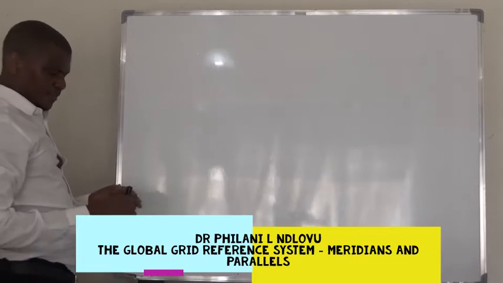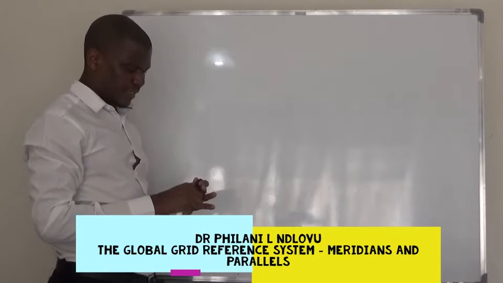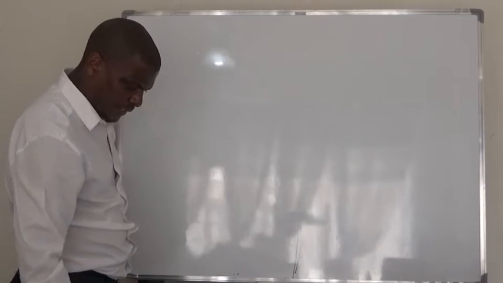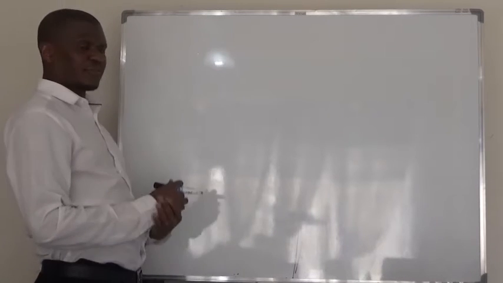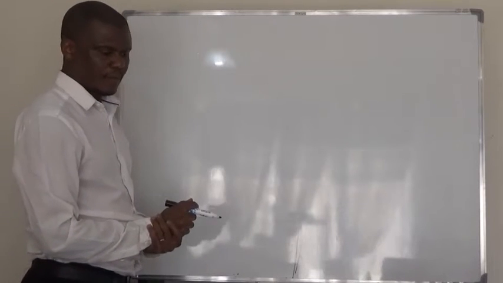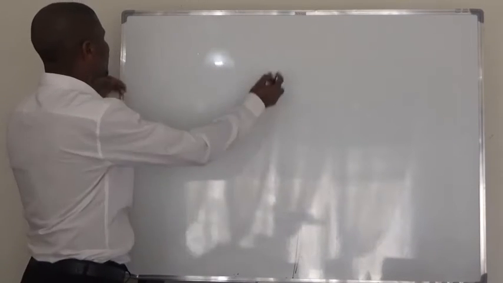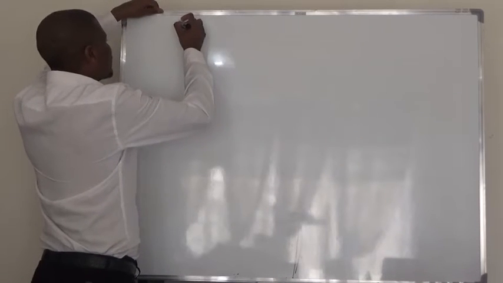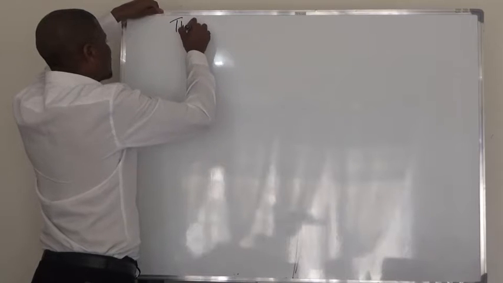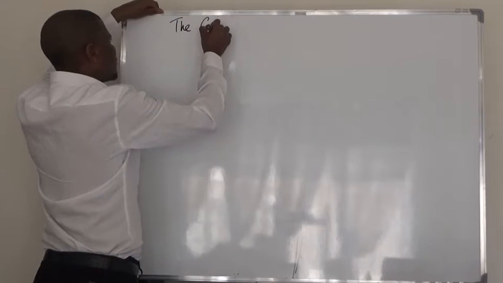Right. I had already said earlier on that we are going to be looking at the grid reference system, in respect of the lines of latitude and the lines of longitude.